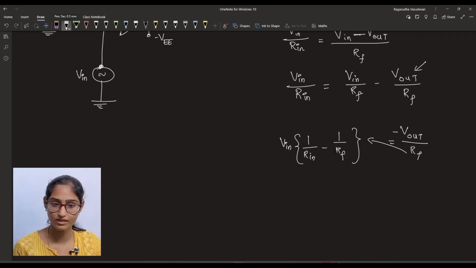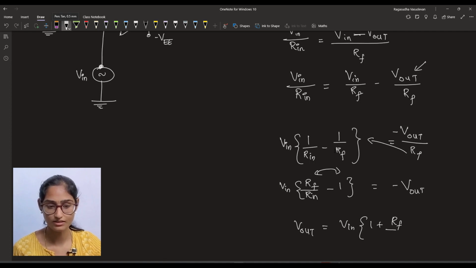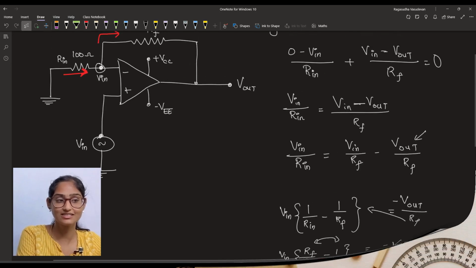I'm also taking Rf to the other side now, so I'm multiplying Rf in both terms. So this will be Vn into Rf by Rn plus 1, which is equal to Vout. So Vout will be Vn into 1 plus Rf by Rn, which is pretty much the definition of the non-inverting configuration of an amplifier, right? So this is the output voltage in this configuration.